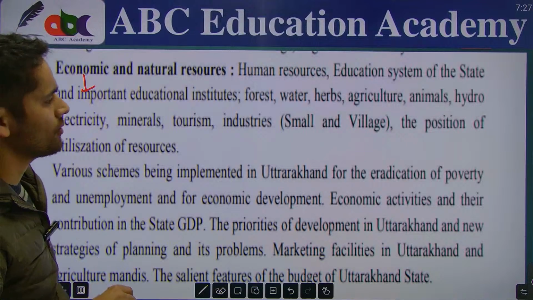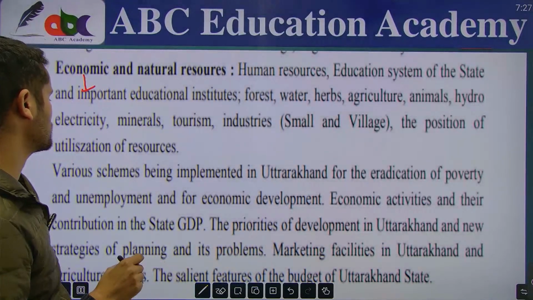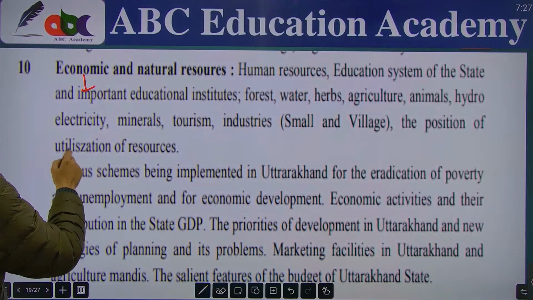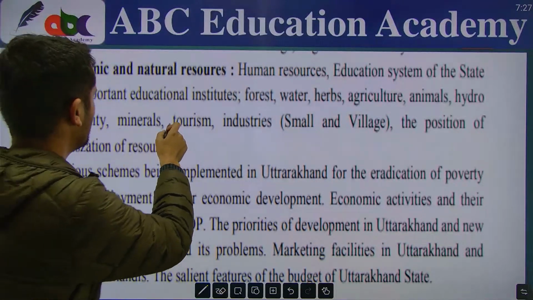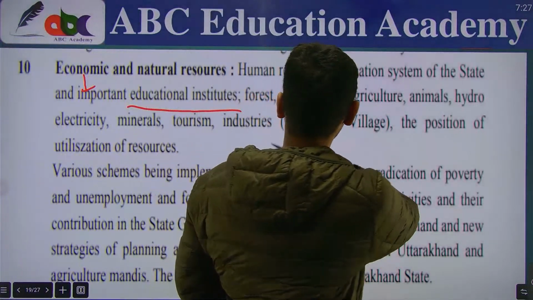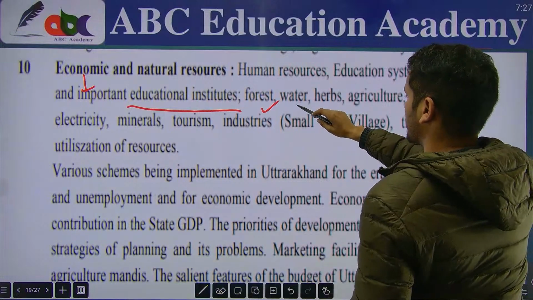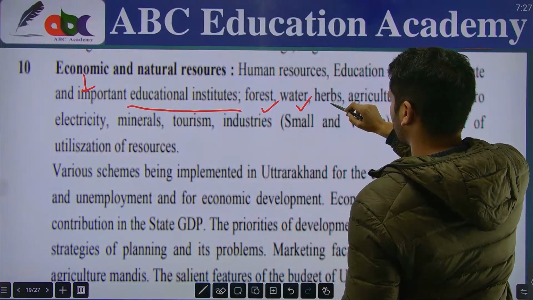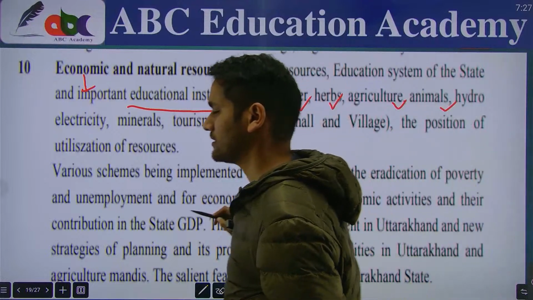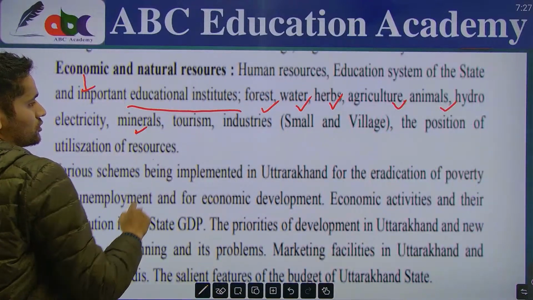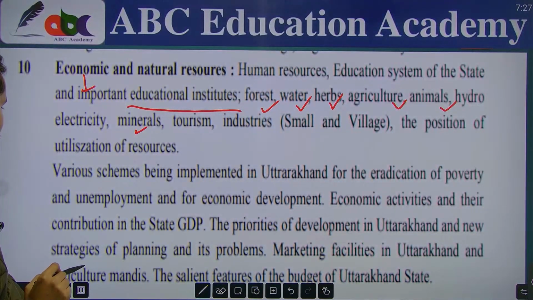These are the economic and natural resources of Uttarakhand. You have to read about the important educational institutes, forests, water resources, herbs, agriculture, animals, hydroelectricity, minerals, tourism, and so on in Uttarakhand.